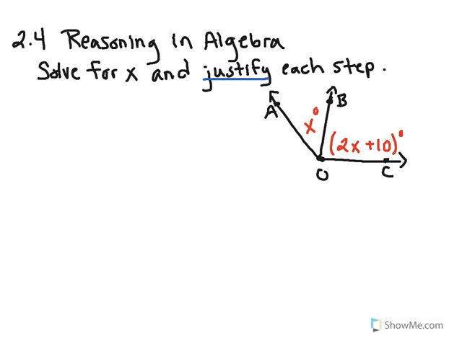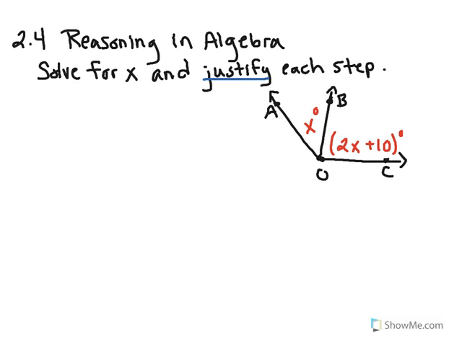Now, the very first thing that we know is when I take a look at this problem, I don't know what the measure is of angle AOC. I don't know if this is a straight angle. I can't even estimate what these numbers are going to be, but I do know that the sum of those two angles should equal the entire angle.